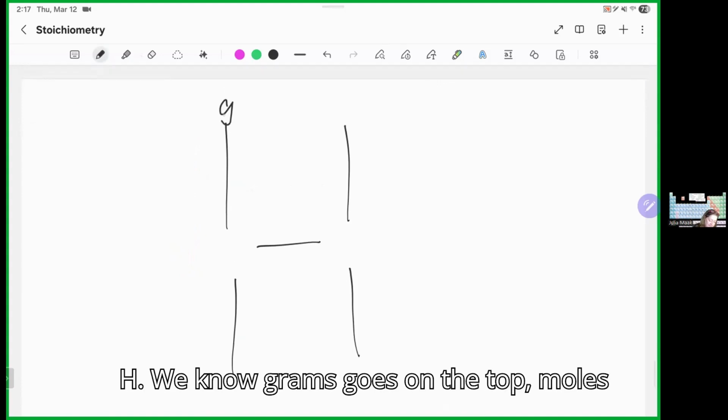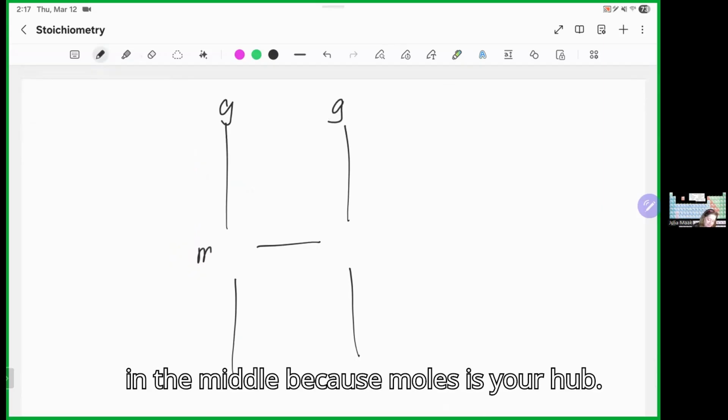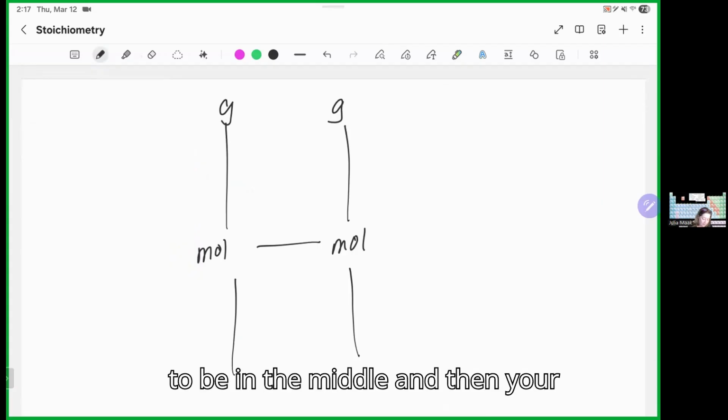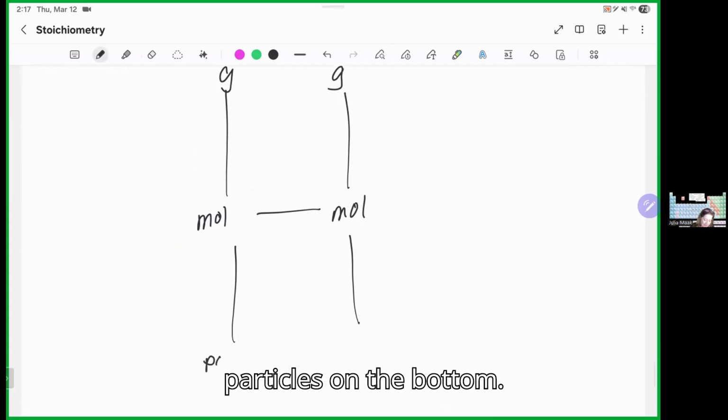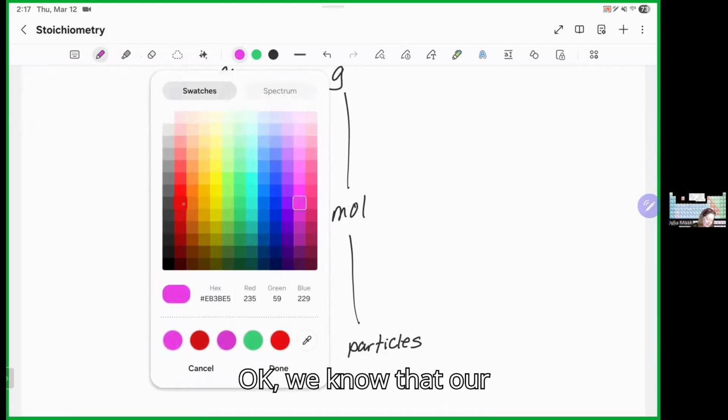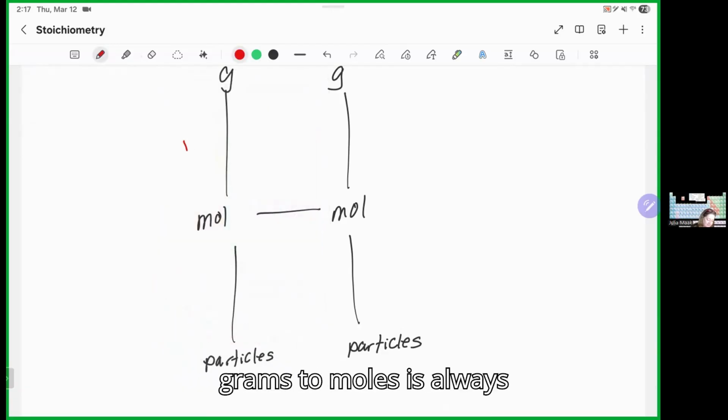We know grams goes on the top, moles in the middle, because moles is your hub. Moles takes you everywhere, so moles has to be in the middle. And then your particles on the bottom. We know that our grams to moles is always our molar mass.